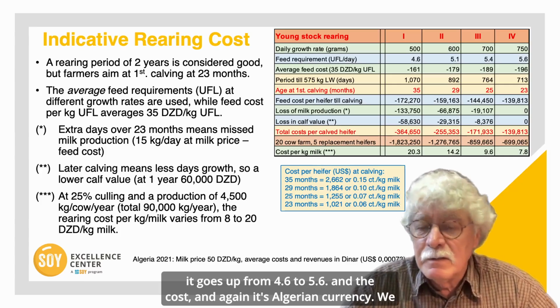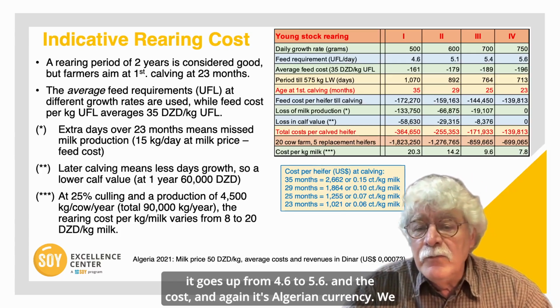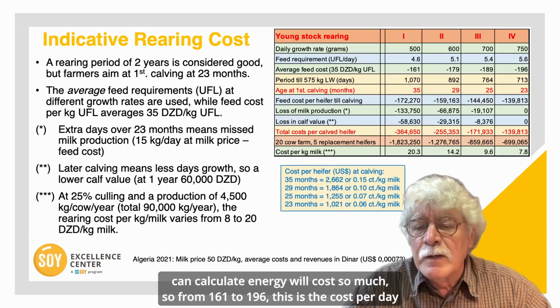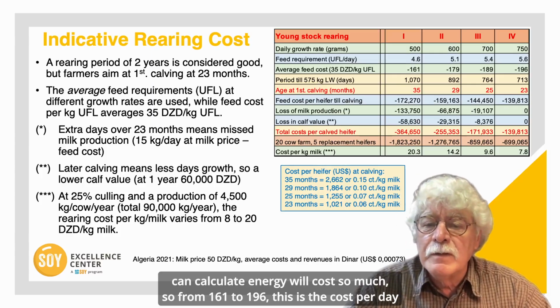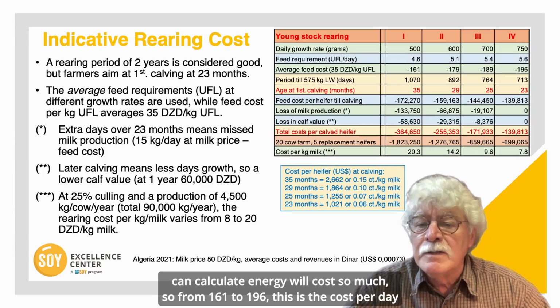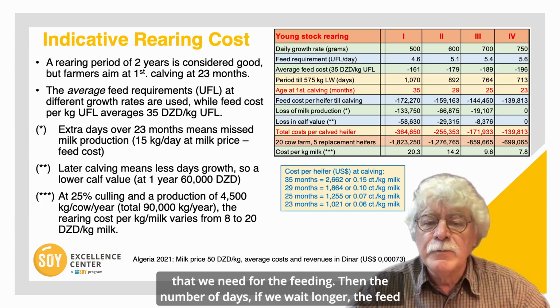And the cost, and again, it's Algerian currency, we can calculate energy will cost so much. So from 161 to 196, this is the cost per day that we need for the feeding.